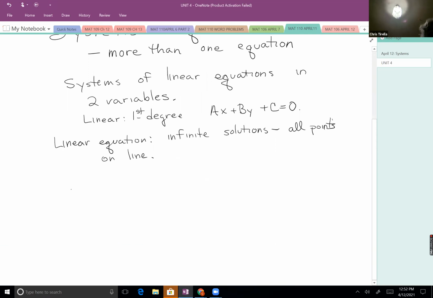Now, if I have a system of linear equations, again, it means that I have more than one equation.